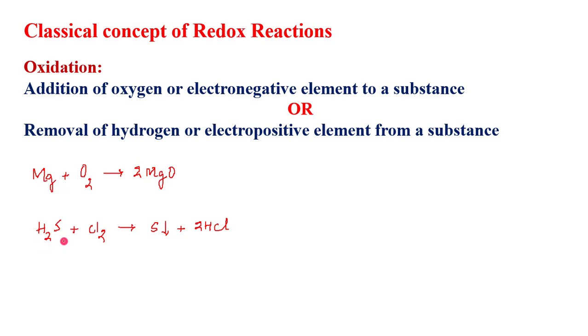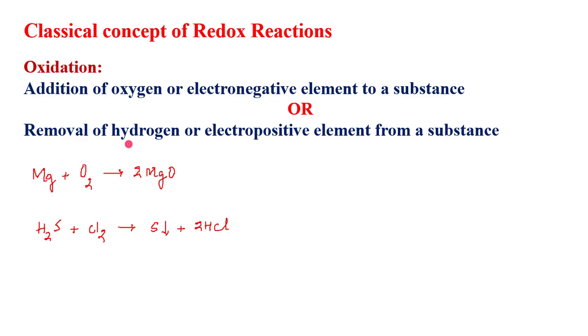So what you are doing here is, this is some substance and you are adding an electronegative element. Compared to hydrogen and sulfur, chlorine is more electronegative, so you are adding an electronegative element, due to which you will get sulfur and HCl. This process we call oxidation. Adding an electronegative element or adding oxygen, we call it oxidation, right?